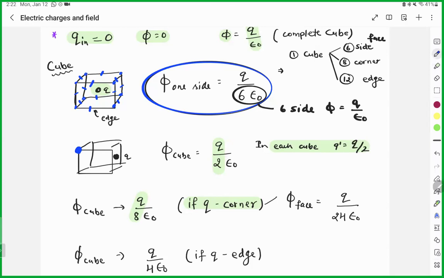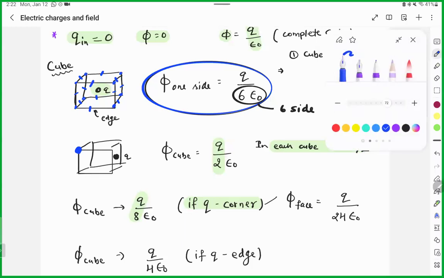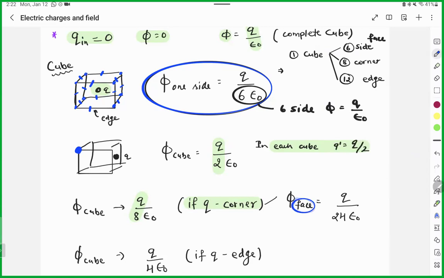And if you include a face also, then what happens in the case of a face? Q by 8, and there are three faces. One, upper one, 2, and side one, 3. Two adjacent walls and one upper roof. Understood? It is also distributed in this.